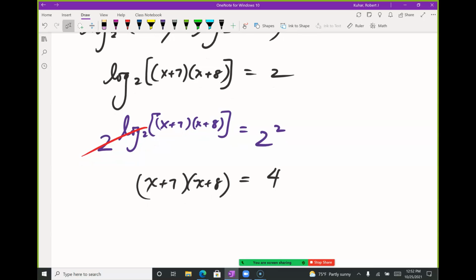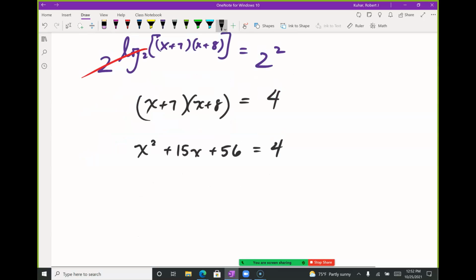And now I'm back in 8th grade or 9th grade, or if you were like me, 10th grade and 11th grade, and just going to solve a quadratic here. So I get x squared plus 15x plus 56 equals 4. So I get x squared plus 15x plus 52 equals 0.